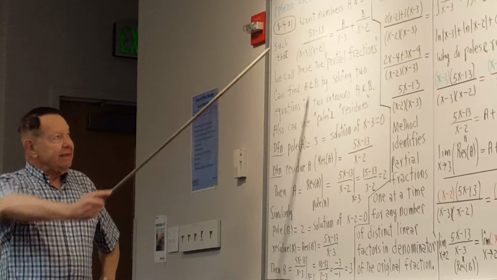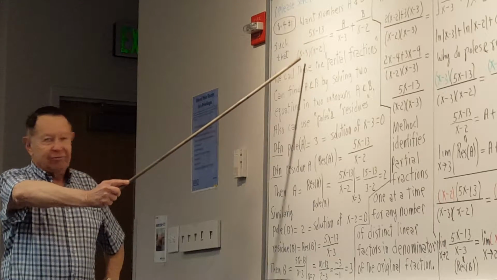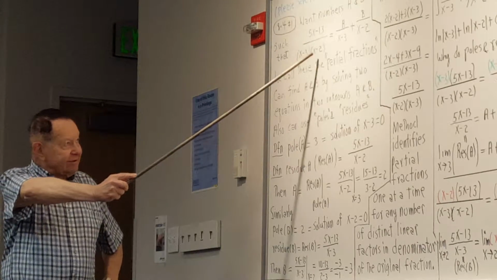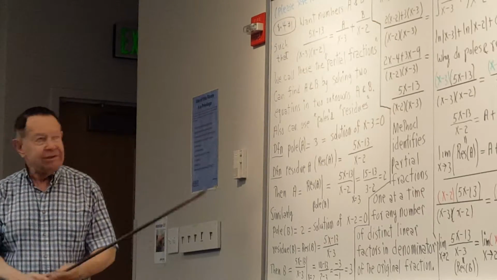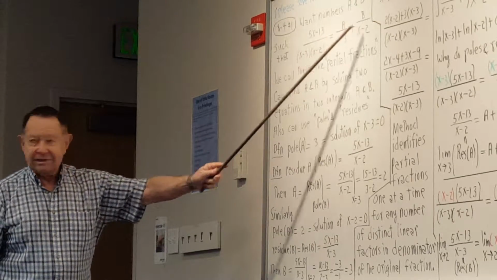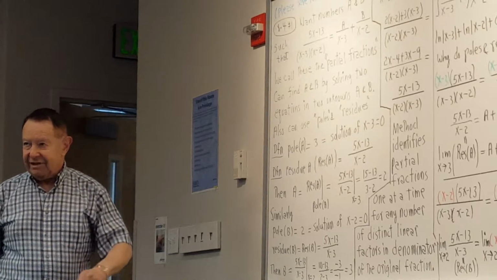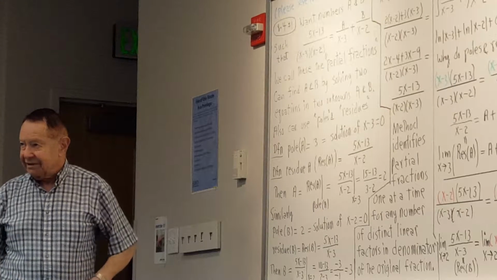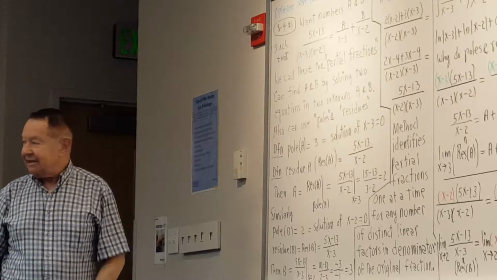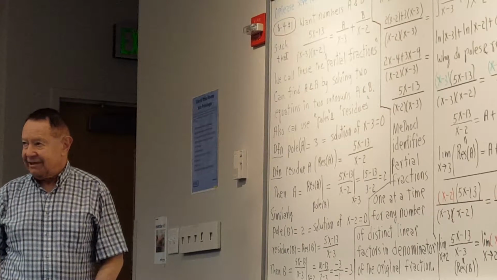Then you can take any other x beside the one you used, and 2 or 3, put that in, and you get a second equation in the two unknowns, A and B. And then you can solve two equations and two unknowns. Well, that's certainly easy enough to understand, and that's what the book's selling.